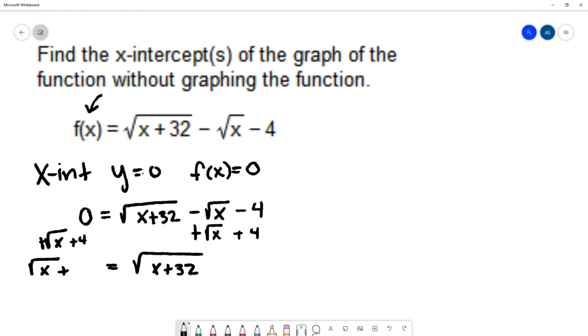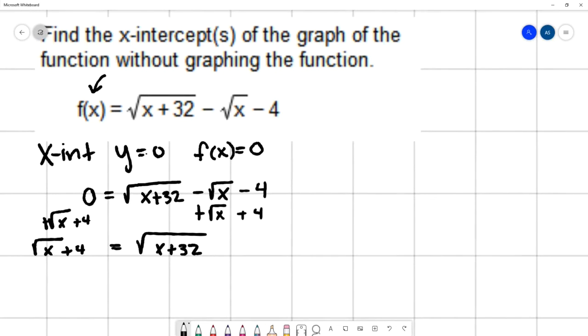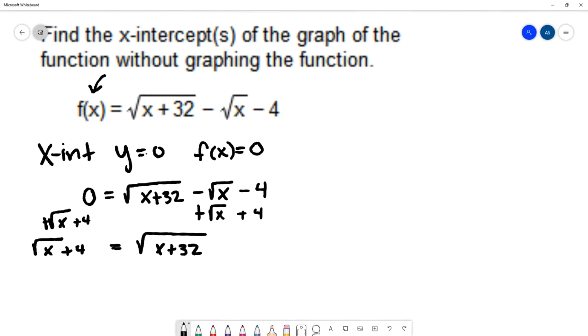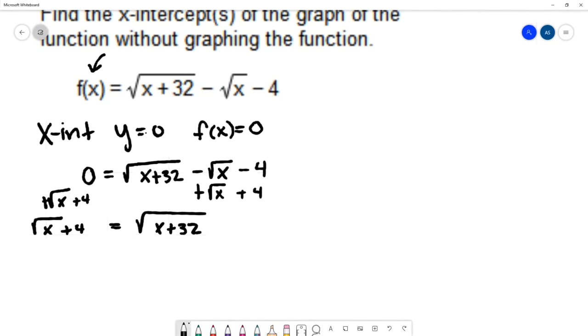So I've isolated the square root of x plus 32 by adding square root of x to both sides and adding 4 to both sides. And then you want to eliminate that root, and you eliminate it by doing the opposite operation.